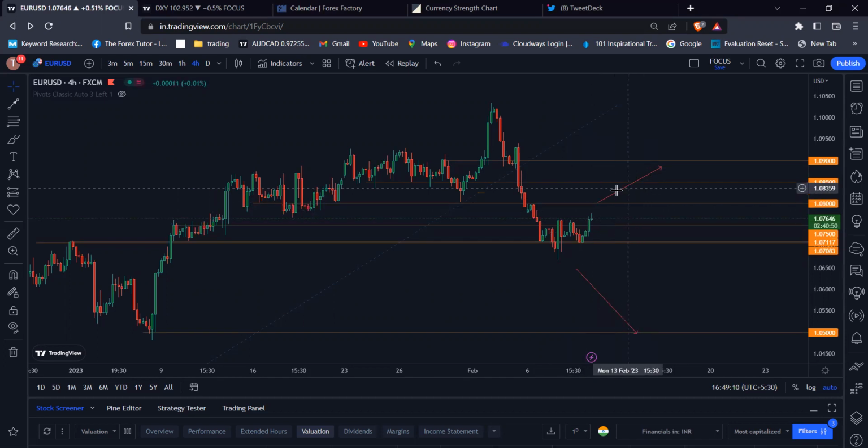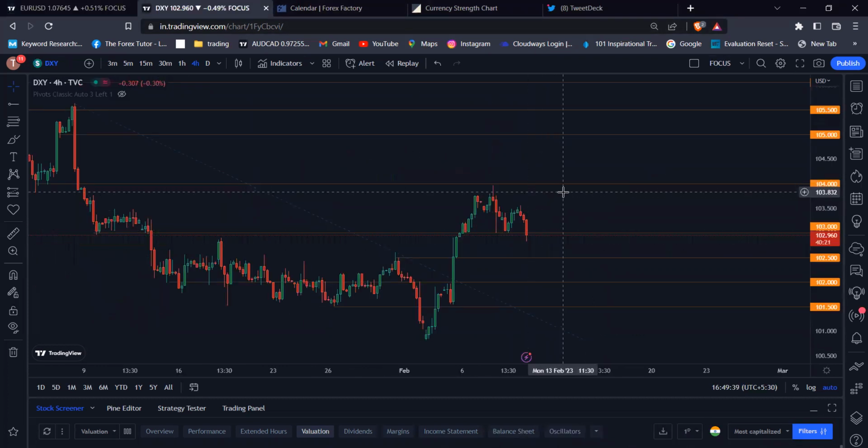So if it breaks above the 1.0800 psychological number, then from the bullish perspective our first target should be the 1.08500 psychological number, and the second target should be the 1.0900 psychological number.